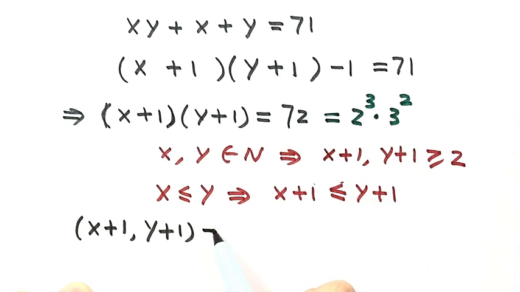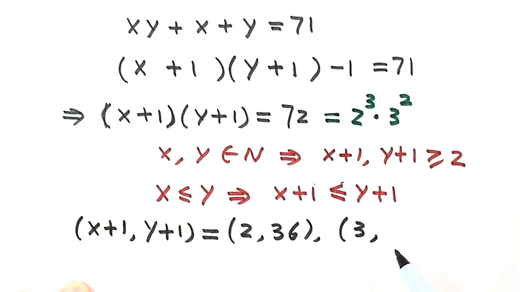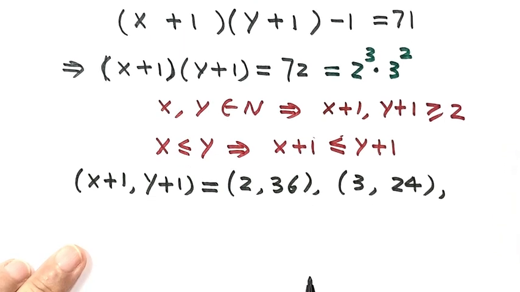Let's see the first one. x + 1 must be at least 2, so we start from 2. Then what's the second number? The two numbers multiplied together equal 72, so that's 36. The second case, x + 1 equals 3, then this number is 24.